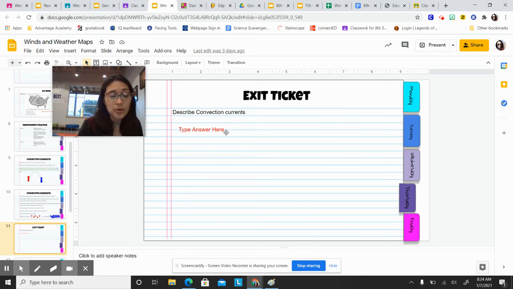I'd also like you to draw a picture with arrows of how those look. Remember, it's pretty much a circle of arrows. Okay. Warm air rises, it moves over and cools down, and then it sinks, and then it moves over and starts to warm up again, and so then it goes like this.